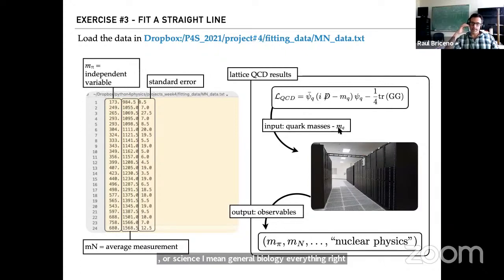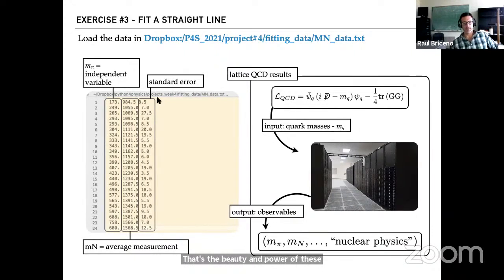And so in these simulations, by essentially tuning one parameter, we're able to start seeing both the mass of the lightest particles, namely the pion, the nucleon, and many others, as well as their properties and how they interact with each other. That's the beauty and power of these kinds of things, okay?